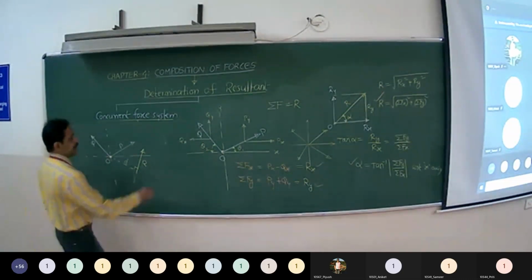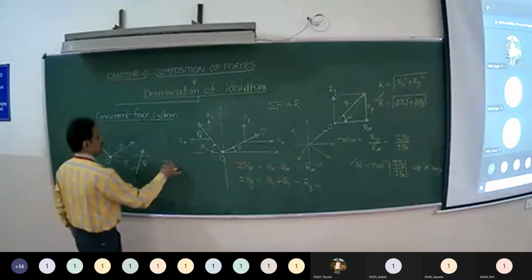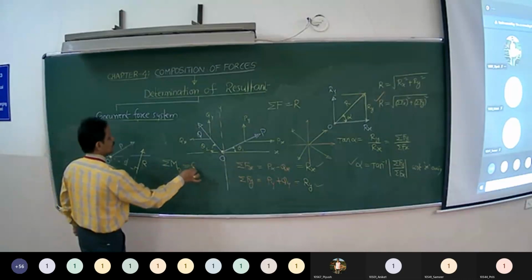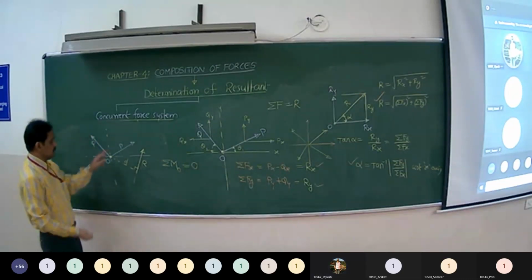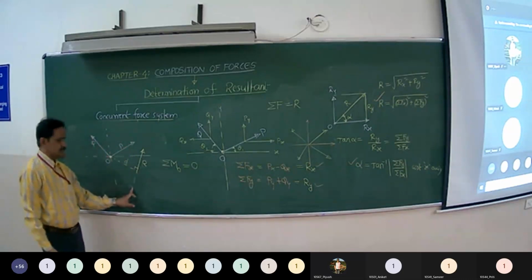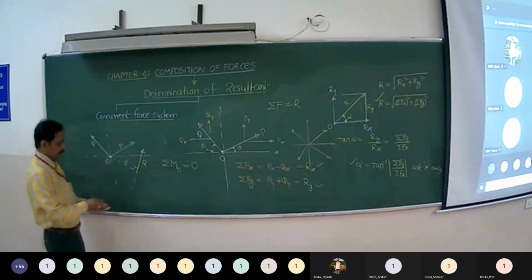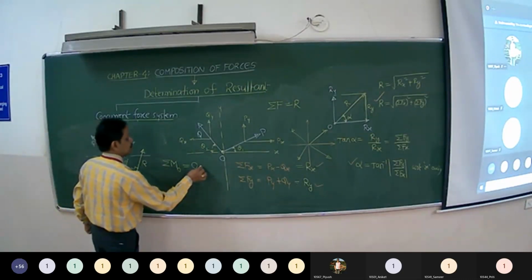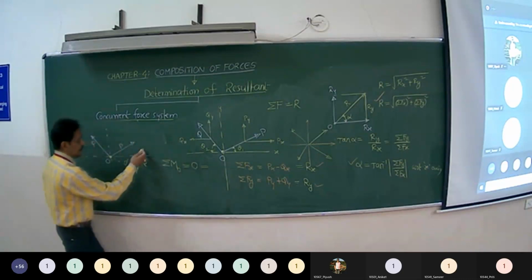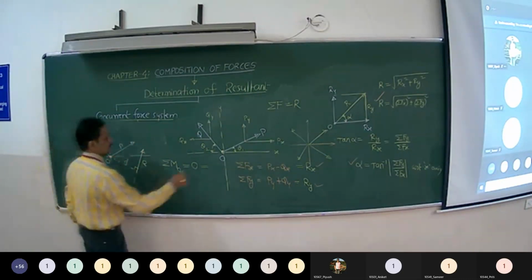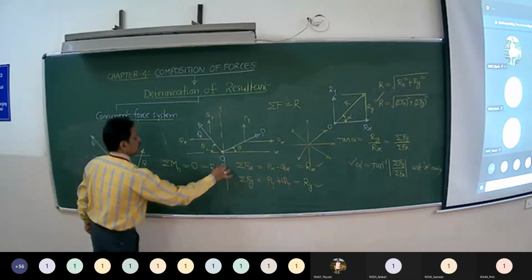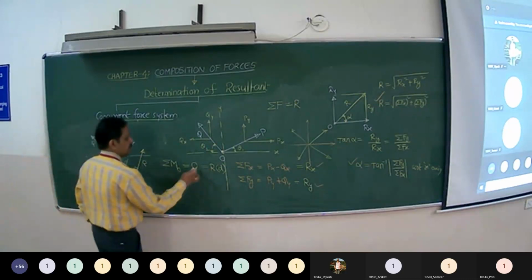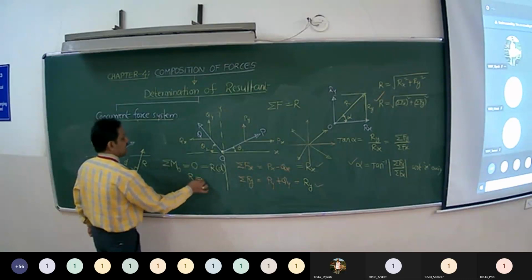Are you getting me? So taking algebraic sum of the moments of both the forces about point O, you will get it as 0. The lines of action of these two forces are passing through point O. So as per Varignon's theorem, this algebraic sum of the moments of the forces about point O is equal to moment of resultant about the same point, that is R into D. So R into D is equal to 0, but R is not equal to 0.